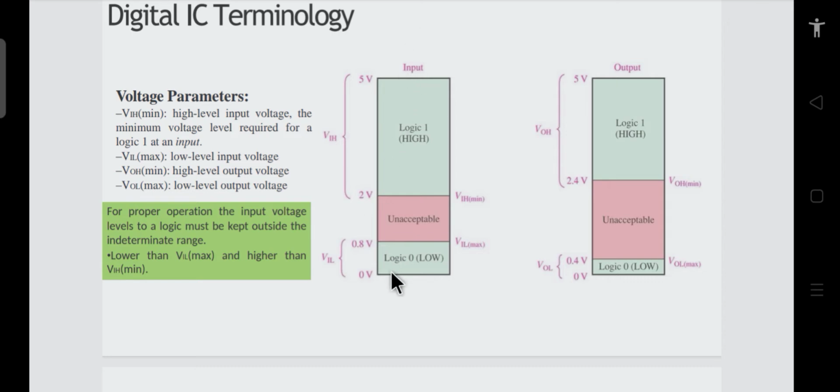There is some range such that if your voltage falls in it, that voltage will be treated as logic low. On the input side, if the voltage ranges from 0 to 0.8 volt, anywhere between 0 and 0.8 volts, then that voltage will be treated as logic low.